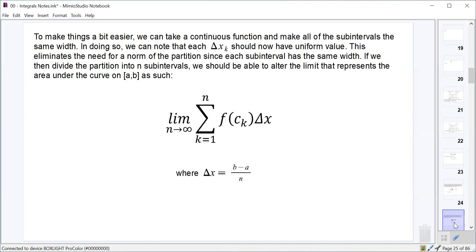And we'll note that delta x should become b minus a over n, noting that b is the endpoint minus a, which is the starting point of our interval, divided by the number of subintervals.